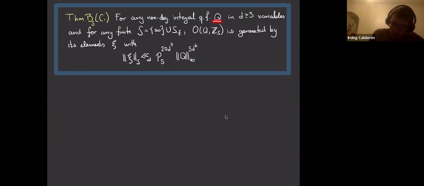Again, if Q is an integral quadratic form in at least 3 variables, and now we take any finite S, then the S-integral orthogonal group of Q is generated only by the elements xi whose S-norm is, now we have again a certain power of the norm of Q, and also a certain power of PS. Remember that this PS was the product of all the primes in S.